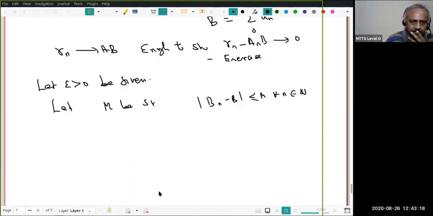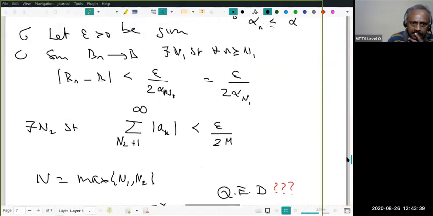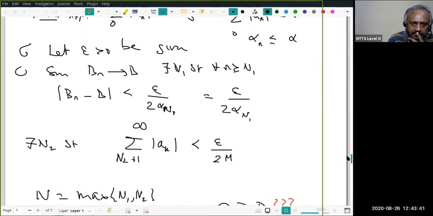Okay. Next, what do I do? Let n1 be such that, okay, what did I want? Modulus B_n minus B is less than epsilon by 2 alpha. Is that what I wanted? Yeah.